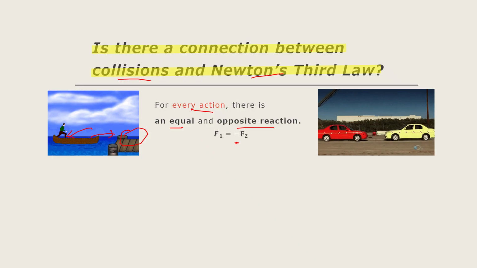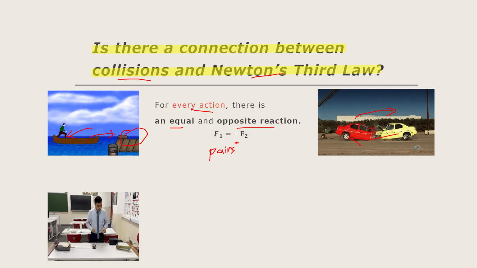And also here you see two cars. One is red and the other is yellow, and these two are colliding with one another. As the red car is applying an action force, the yellow car is also applying a reaction force on the red one. So the forces always exist in pairs.